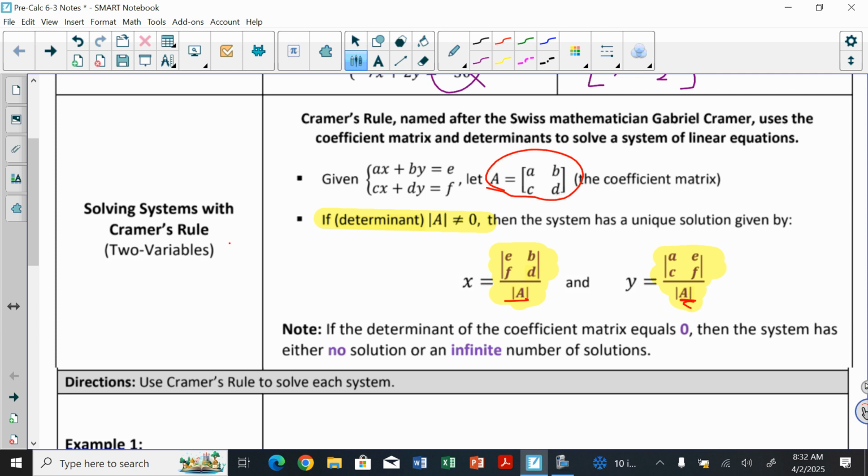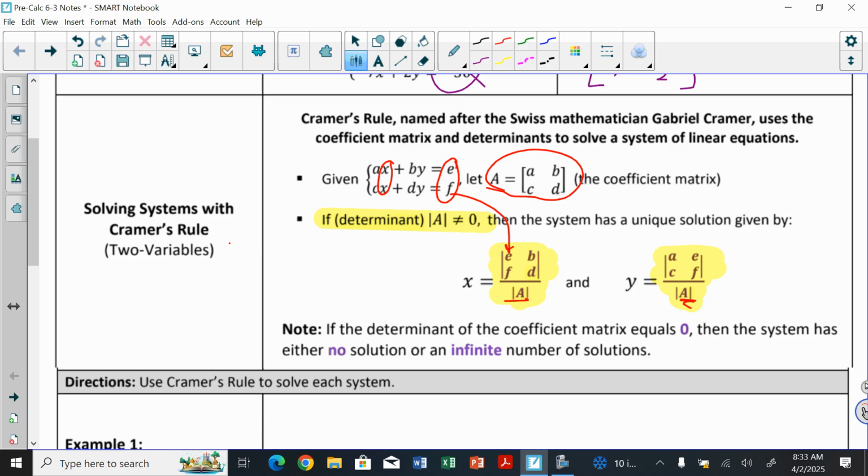Basically, you're taking the first column, and you're taking these E and F, these constants on the right side of the equal sign, and you're going to replace them where the x coefficients are. So in this case, we replace them into the left side, and then we keep B, D the same.